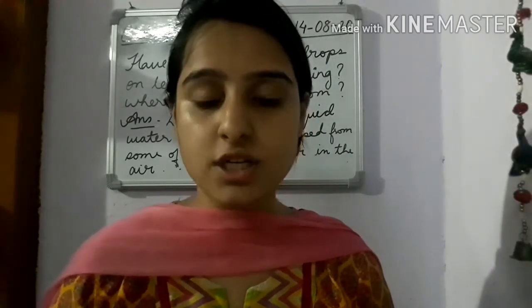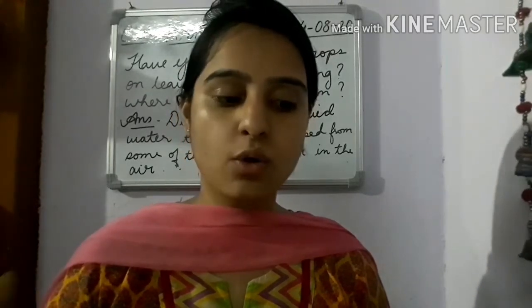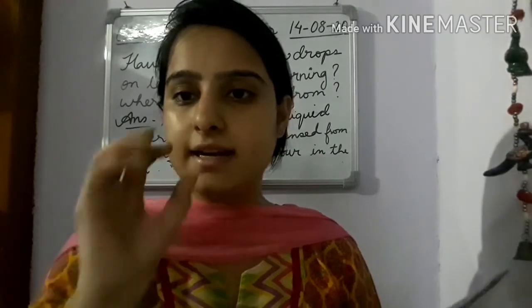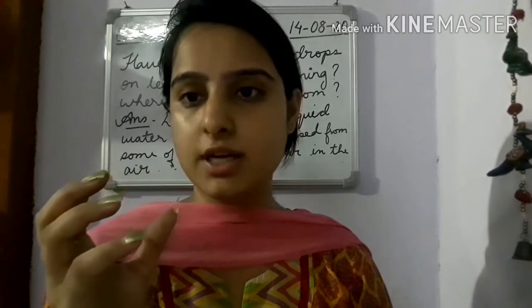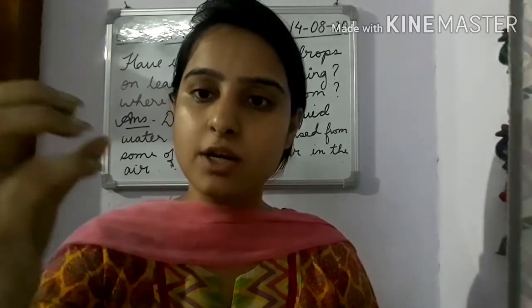If it is asked, children, why do we see water droplets on a glass of cold water? If you pour cold water in the glass, you will see water droplets on the glass. Why is it so? Because water vapor came in contact with the cold surface.